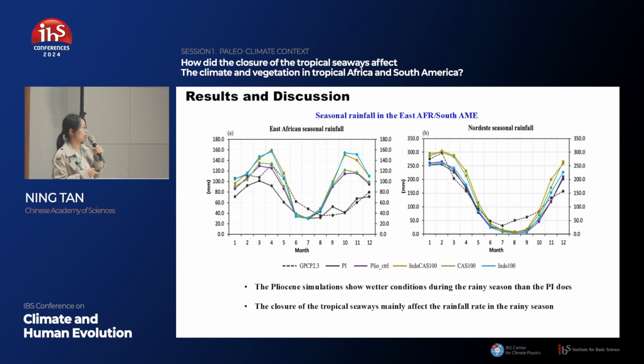The colored lines represent the Pliocene and the seaways cases. We can see that in both regions, the Pliocene simulations show wetter conditions during the rainy seasons than the PI does. And the closure of the tropical seaways mainly affects the rainfall rate in the rainy season.